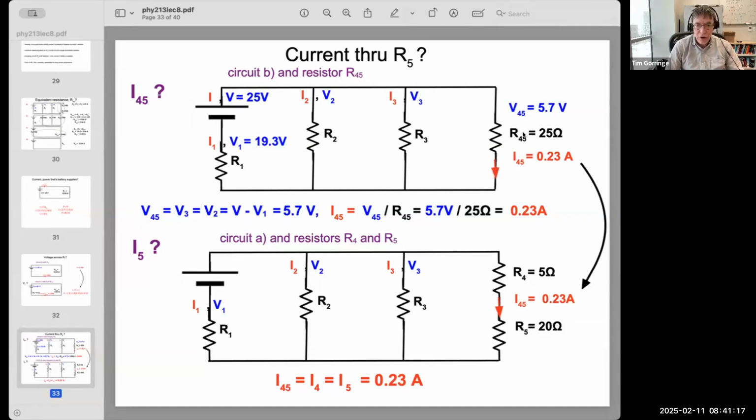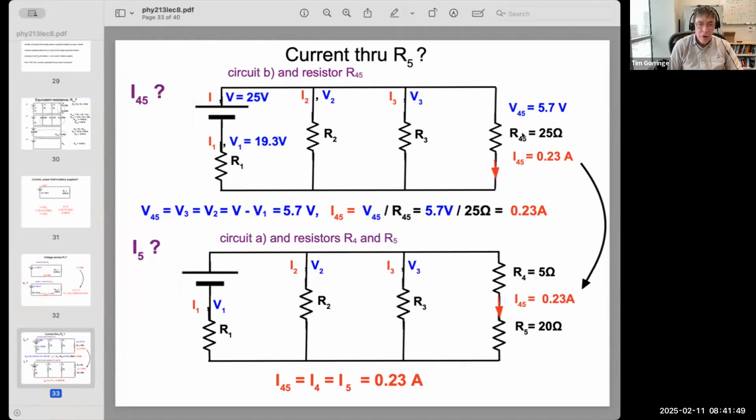I've drawn those 2 circuits because of the important point about that first step of combining resistors 4 and 5 in series to make resistor R45. The important thing for this part of the problem is that the current through R5 is the same as the current through R4, because they're in series, and is the same as the current through R45, because it's their equivalent resistance.